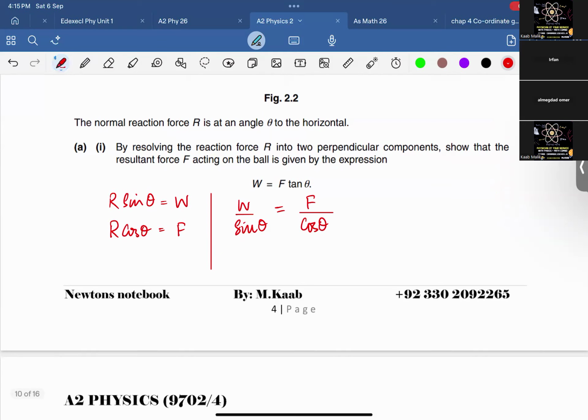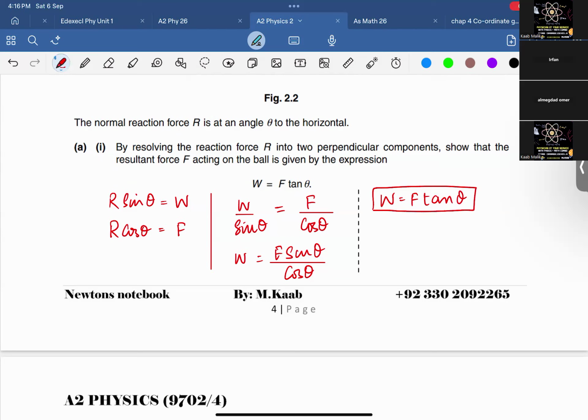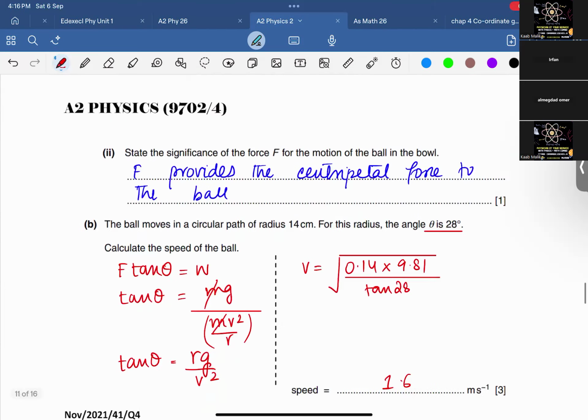Now you can keep F that side and bring sine theta to the other side, sine theta divided by cos theta. And you know that sine theta over cos theta is basically tan theta. So we can replace with W equals F tan theta. That's it. Now please move on.